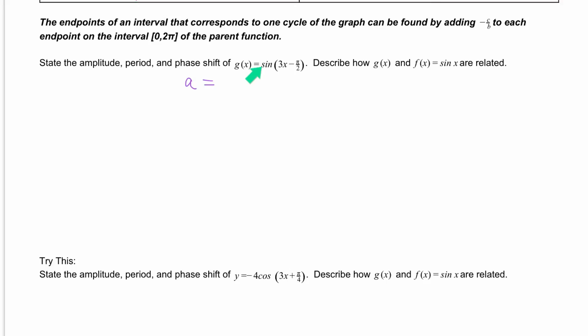Remember, a is the number that's coming out in front. A here is just 1. Our b value is going to be the number in front of the x on the inside here, which is 3. And our c value is this number that's being added to the x on the inside of our function, which is a negative pi over 2.